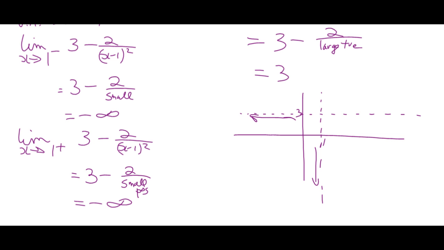And approaching 1 from above, it's going down, and that way it's going that way, right? They're both approaching 3 from below, whether you're going to positive infinity or negative infinity, because it's 3 minus a really small positive number, which will be below 3 in both instances. Now we can see how that would change, obviously. If this guy were coming from above, then it would be approaching here from above, coming down to 3. Okay, next.